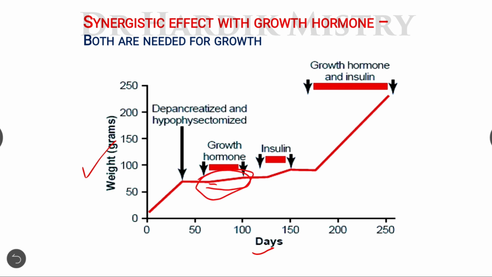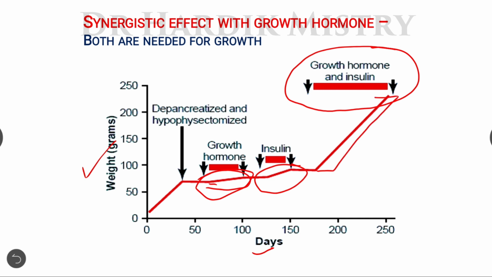When insulin alone affects the weight of the person, the weight is the same, 5 to 10 kg increase. But when growth hormone and insulin both affect the growth and development of a person, the weight rises to around 20 to 30, even up to 50 kilograms. So that is the synergistic effect of insulin with growth hormone.